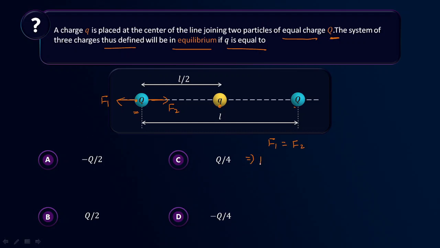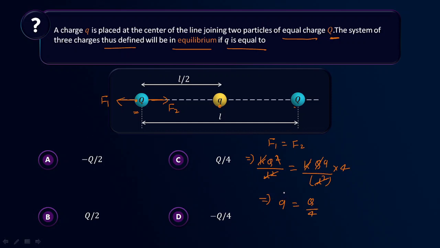F1 is K q Q divided by, separation was L square, that will be equal to, in the second case the distance is L by 2, so K Q q divided by L by 2 square. So can I write L square by 4? So this will go up. So qQ we can cancel, L square also we can cancel. So from here we have q equal to Q by 4.